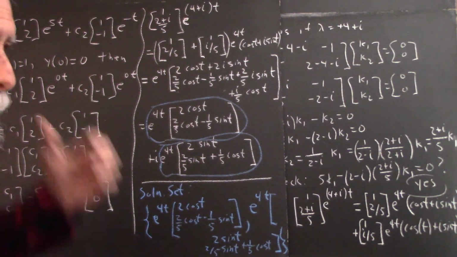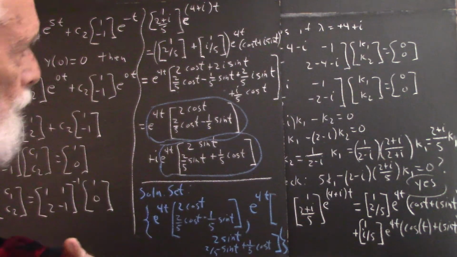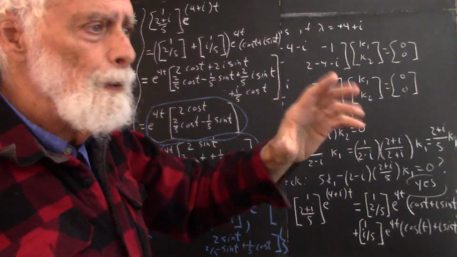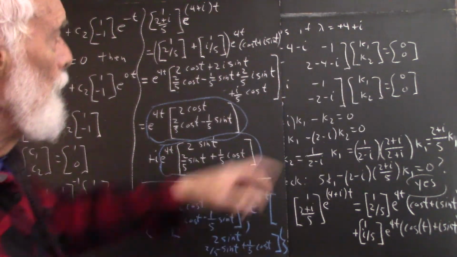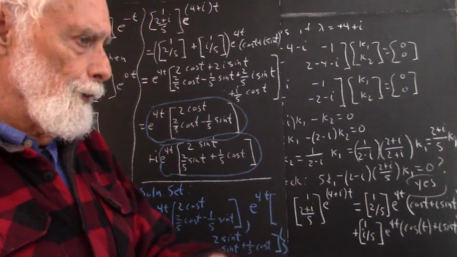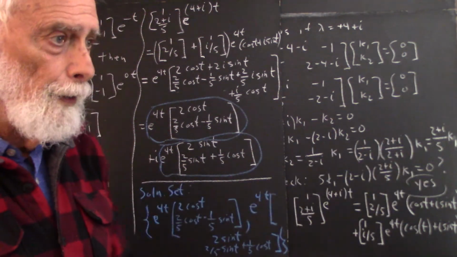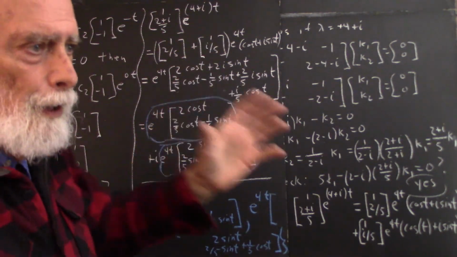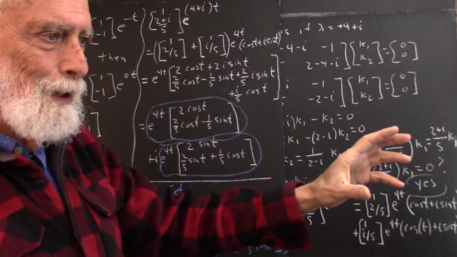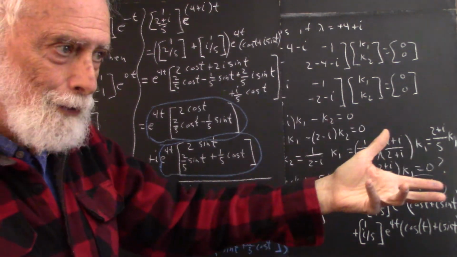Okay, so when you have a complex solution, you get complex conjugate solutions. If it's two equations and two unknowns, and anytime you have a complex solution, you have its conjugate. That just comes out to the fundamental theorem of algebra. If you solve a quadratic equation, if you get one complex solution, you get its conjugate.